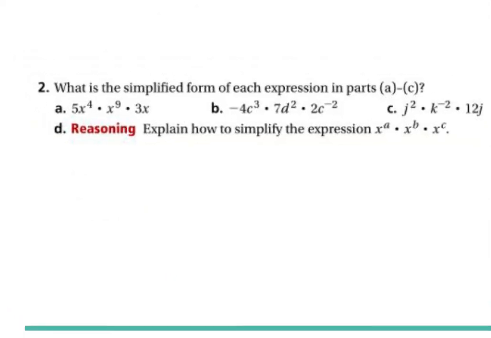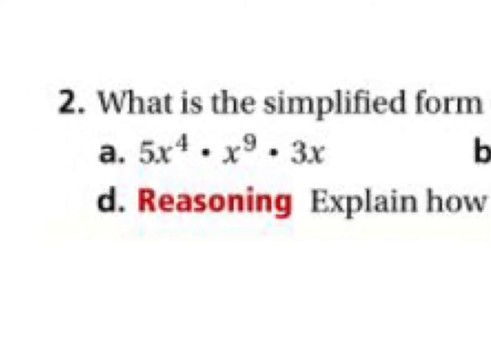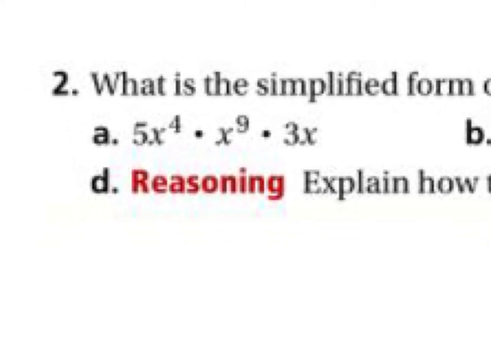Let's do it. What is the simplified form of each expression? Let's start with a. 5x to the 4th times x to the 9th times 3x. What's our first group? Ashton.